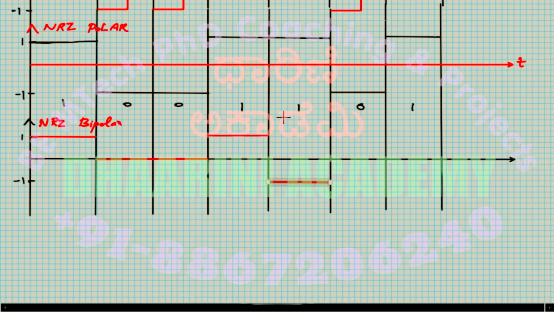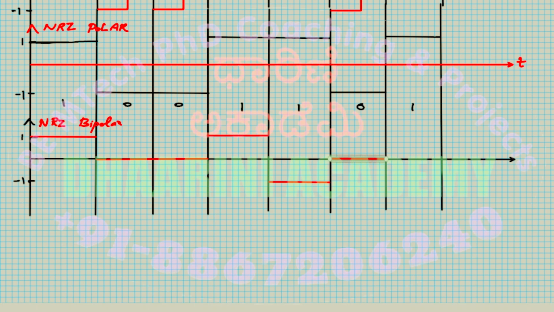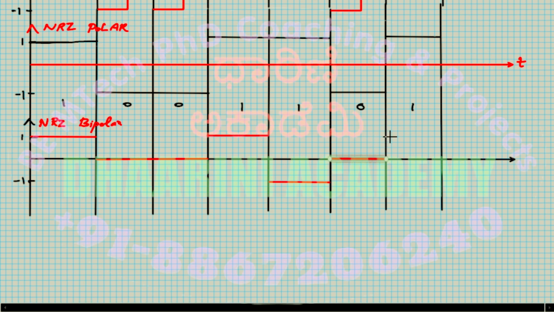Other than that, everything is very similar to the NRZ polar format. So there is a 0, 0 is a 0. Next I'm getting a first one, not a consecutive one, so I can simply plot it as this. All right, so you see this is the NRZ, non-return to zero bipolar format.